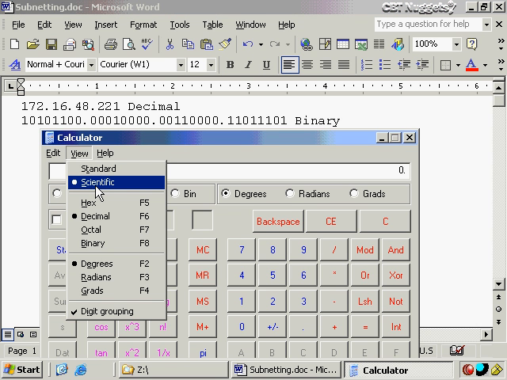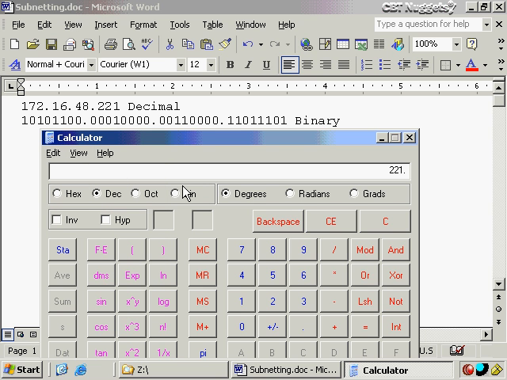Then I'll just paste that in, the number 221, or I could have typed it in, but I'm just too lazy to do that. Now we can convert to binary by clicking on BIN on this button over here, and I also like to use the keyboard equivalent, so I just hit F8, and we now see the equivalent in binary, and that is 1101 1101. That's 221.